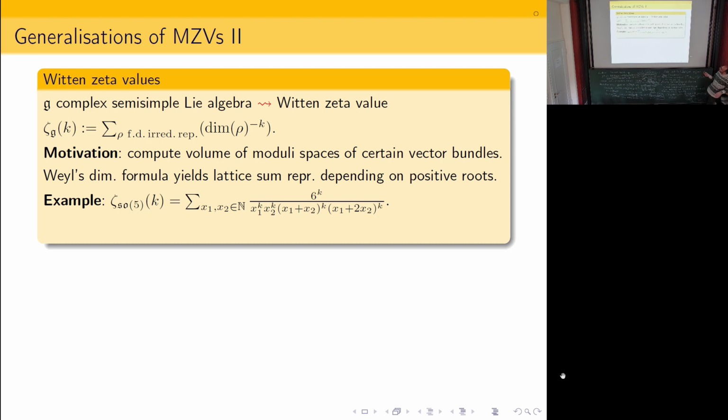And then how to write this sum in a way which is more similar to what we have done so far. You have to use the dimension formula. You write down what are the positive roots, and you do a little bit of representation theory, and you write down sums which will all look like this. So now I just wrote down an example with SO(5).